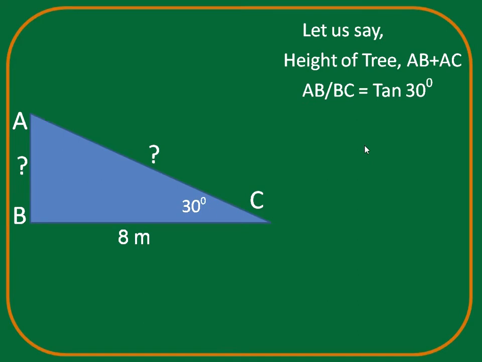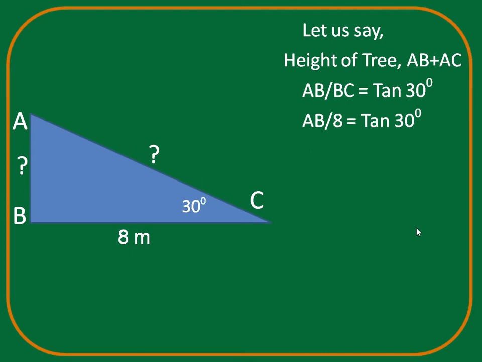Now we know that AB upon BC is equal to tan 30 degrees. Here is 30 degrees, its height, its base. So tan 30 is equal to AB upon BC. Now we know that the value of BC is 8 meters.